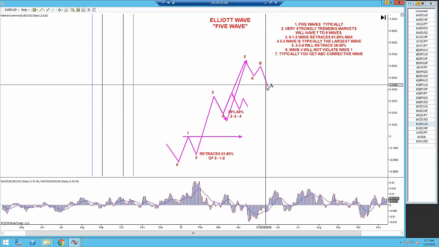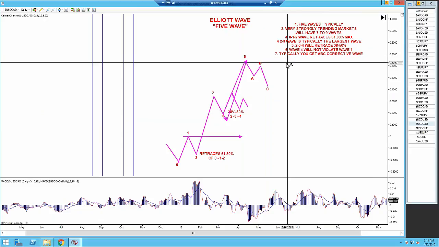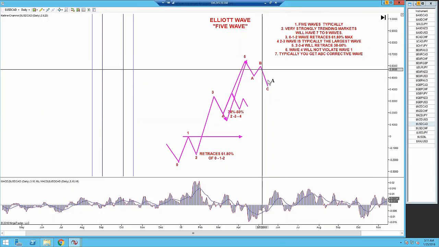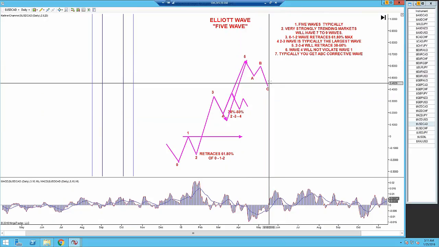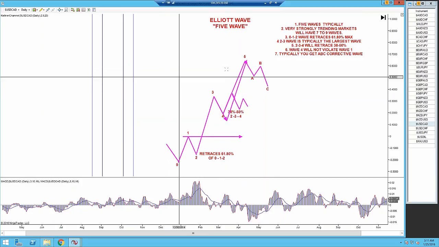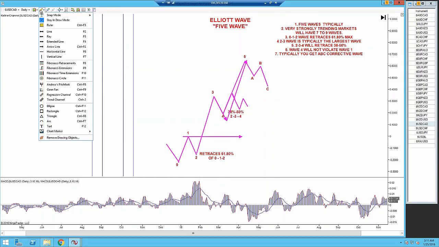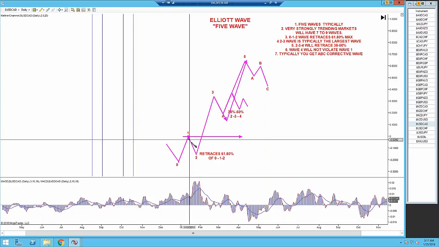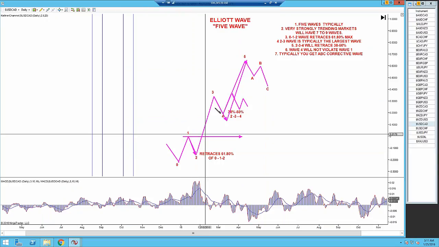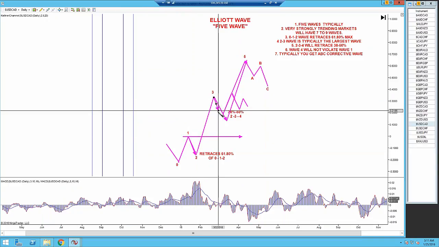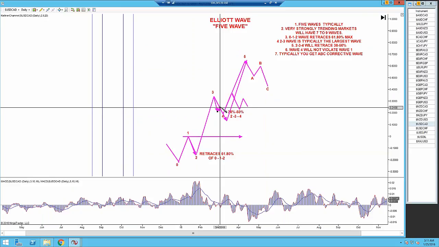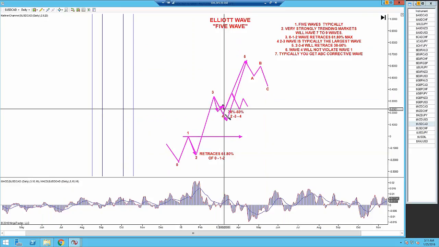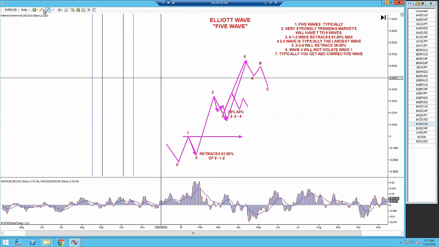All right, so typically you get a corrective wave down after that. Now, I want you to understand something. In Elliott wave, right here, you're going to get one of the two waves comes down straight like that. The other one will do this. What they call a complex ABC correction.